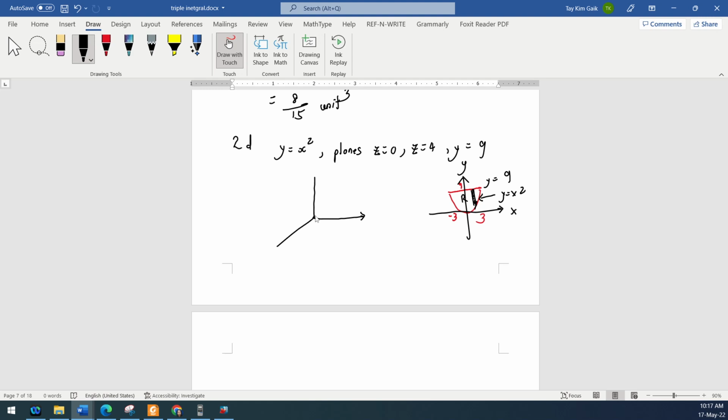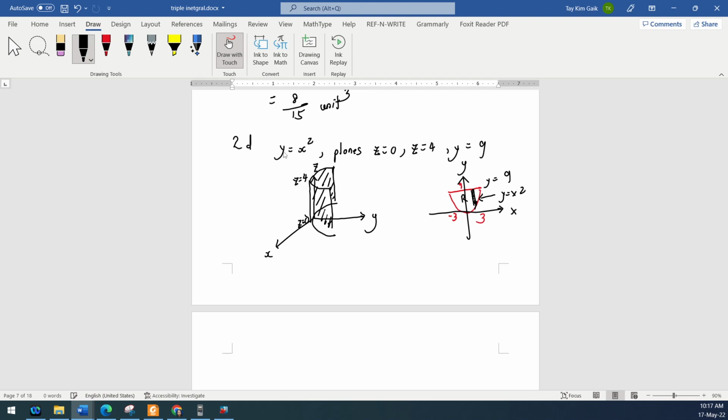Means actually if you want to view x, y, z, this one y equals x squared without z, so this solid is actually parallel with the y axis, some sort like here. So bounded z 0 until z equals 4.